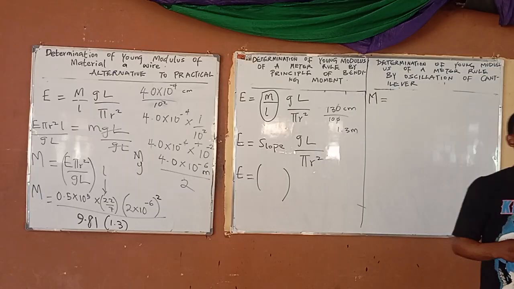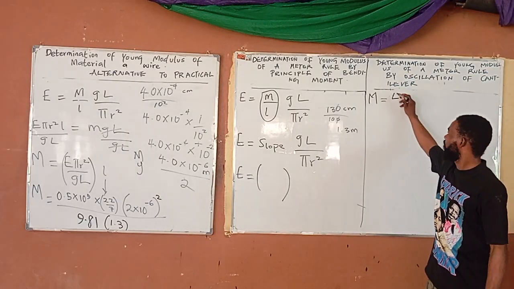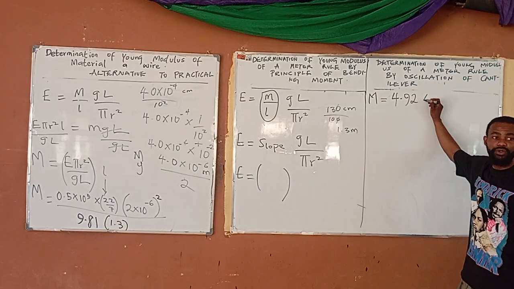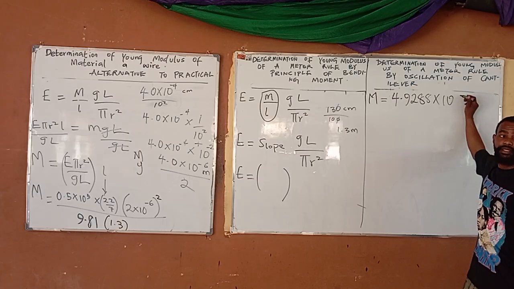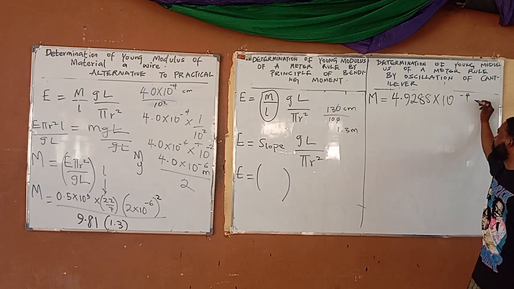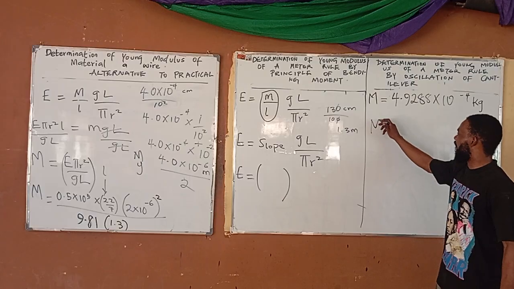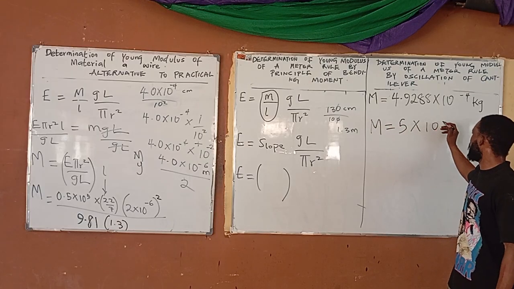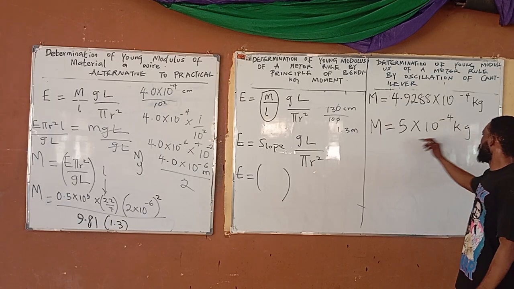He says 4.92 times 10. Okay, like this. I know it's in kilograms, which means the mass is approximately 5 times 10 raised to the power minus 4 kilograms.